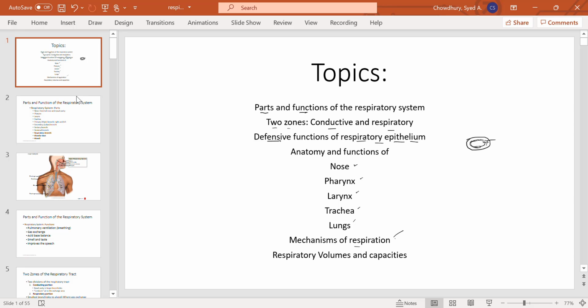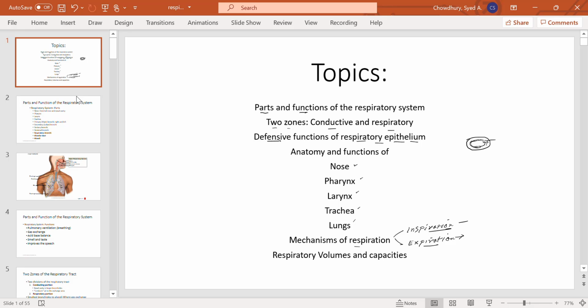Respiration has two phases: inspiration or inhalation, that I mentioned already, and expiration or exhalation, right? This is to take the oxygen with the air to the lung from the outside, and this is expelling the carbon dioxide with the air from the lung to the atmosphere.